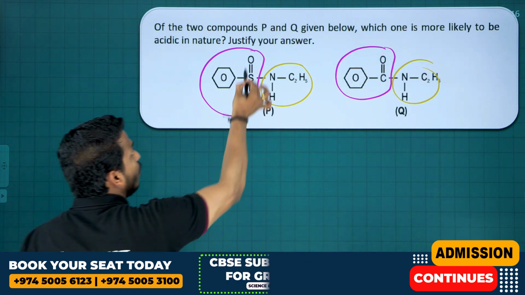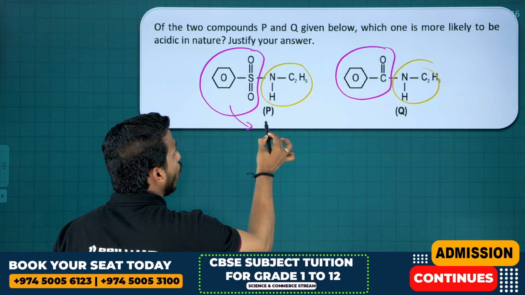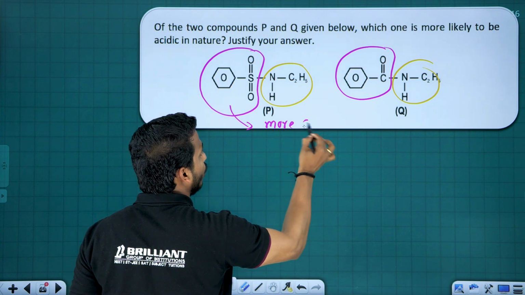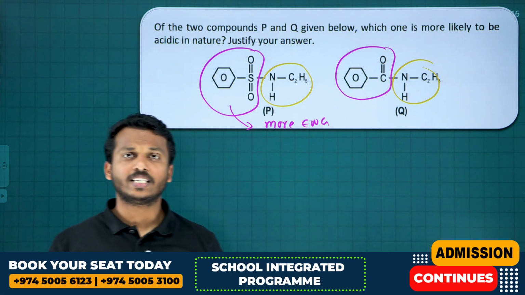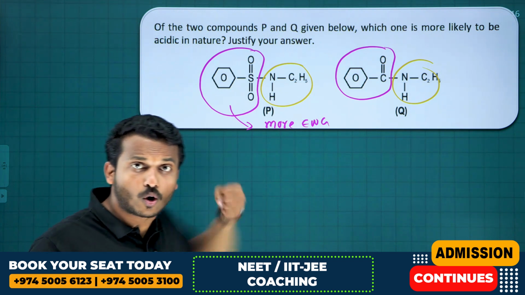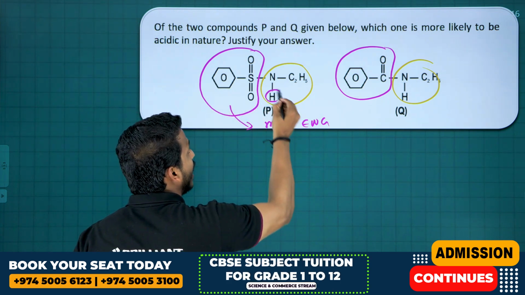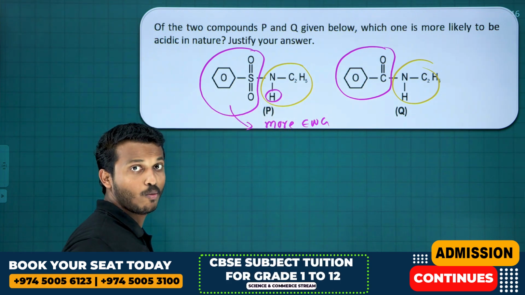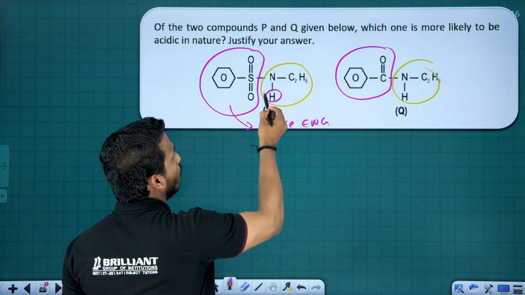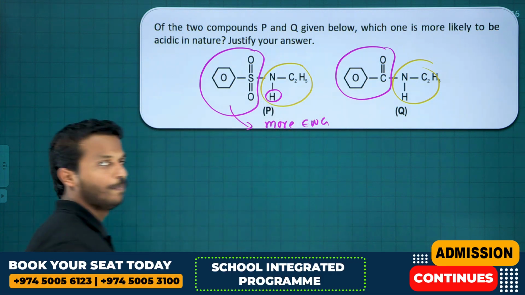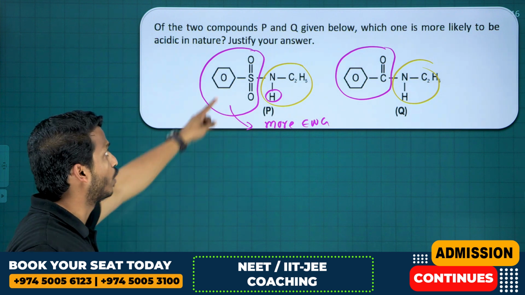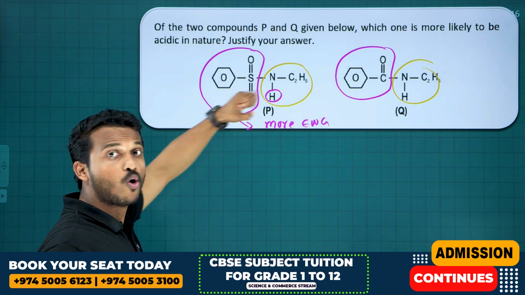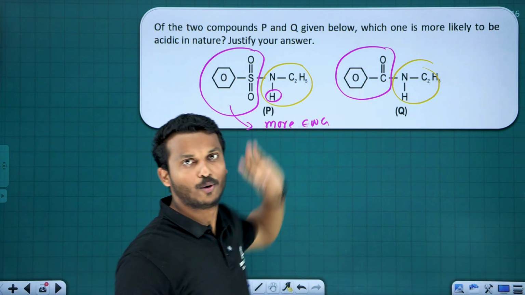Dear, a sulfonyl group is more electron withdrawing than a carbonyl group. Since the sulfonyl group is more electron withdrawing, it makes this hydrogen more acidic. So P is more acidic than Q because the sulfonyl group is more electron withdrawing than a carbonyl group.